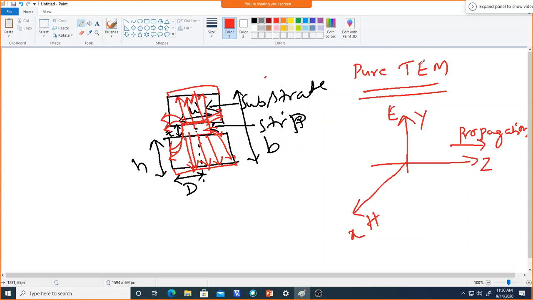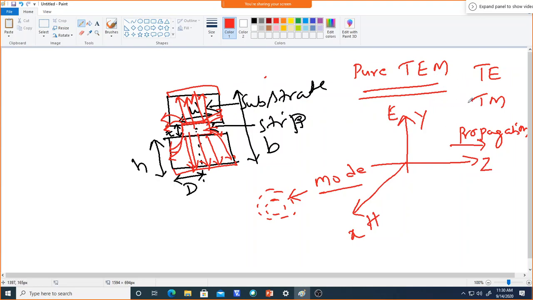The TE or TM fields form some pattern, for example like this, the field lines, and this pattern exhibited by the electric or magnetic field we call a mode.